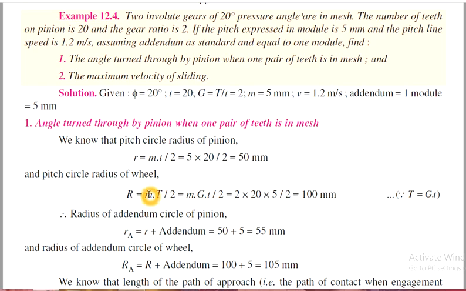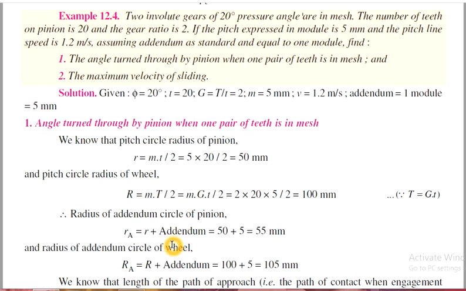Then the radius of the addendum circle of the pinion, that is the pitch circle radius of the pinion plus addendum. For addendum, it is common for all, 5 plus 5. So we get the addendum radius for the pinion and the wheel also.